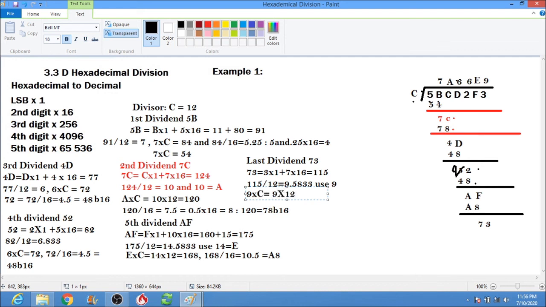The next is 9 times C, which is 9 times 12, and 9 times 12 is 108.